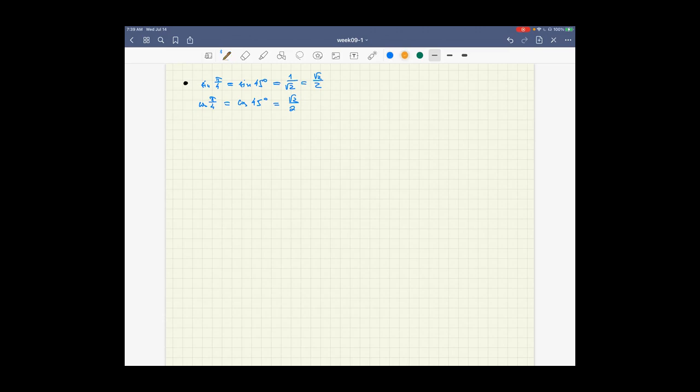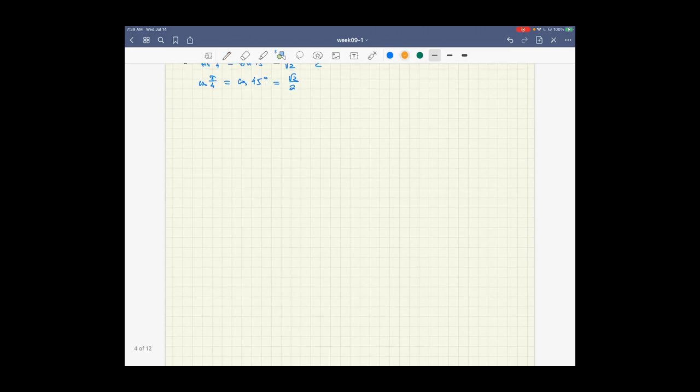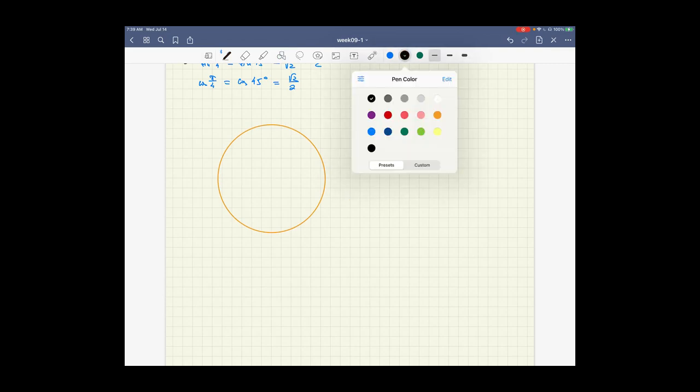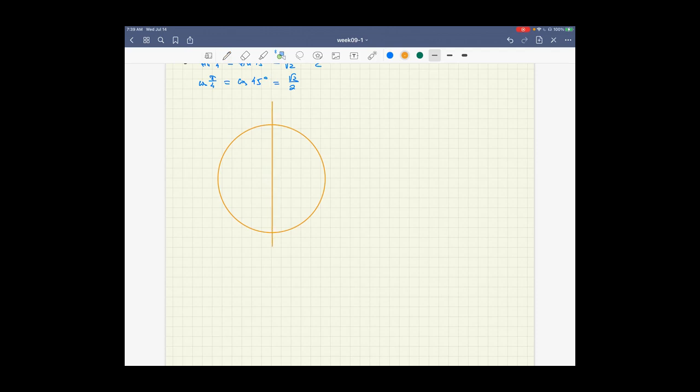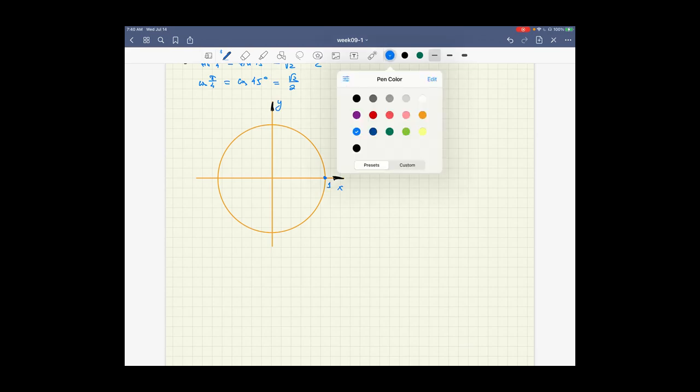Let's explain why. For that purpose, we draw a unit circle, as always, centered at the origin. And let's show an angle of 45 degrees or pi over 4 radians.